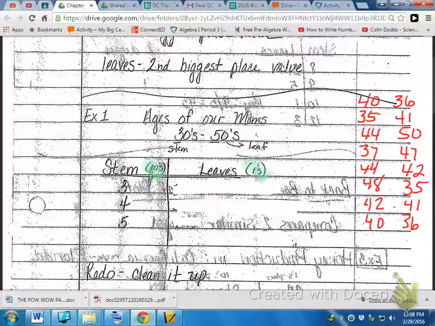So I'm going to start with 40. 40 has a stem of 4 and a leaf of 0.